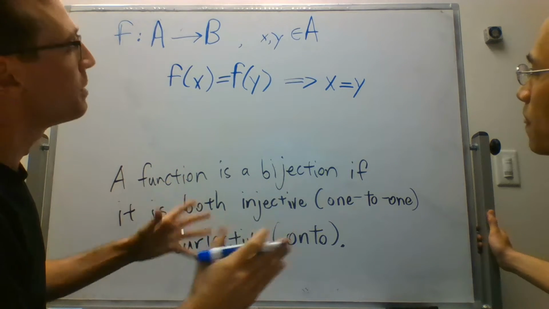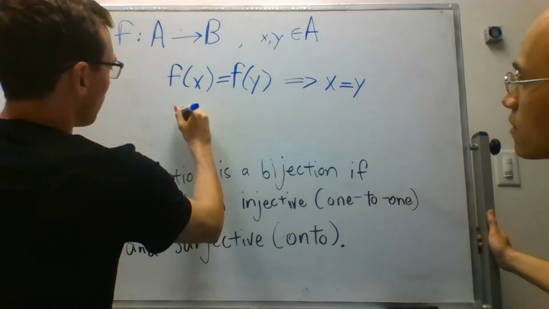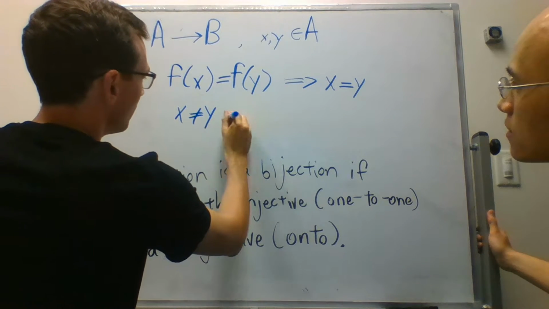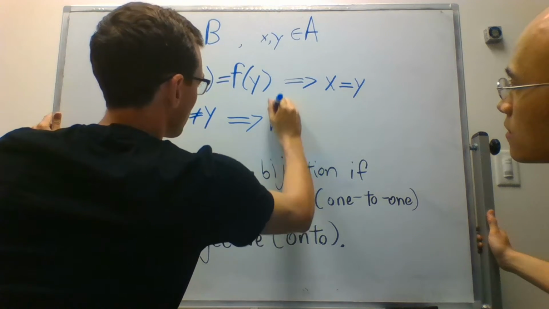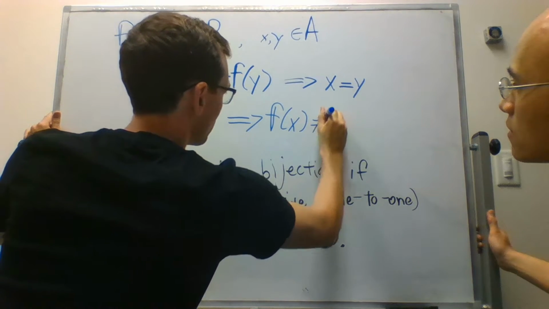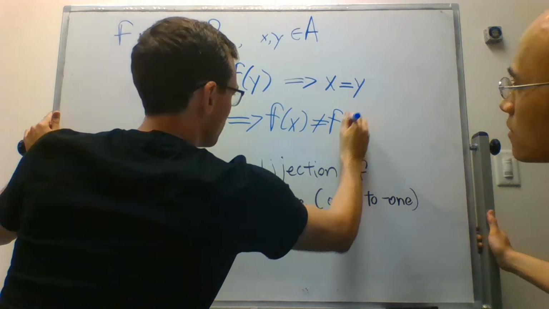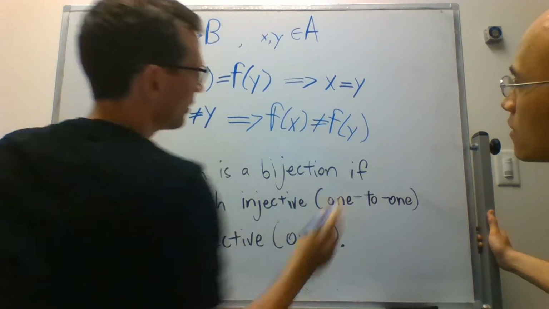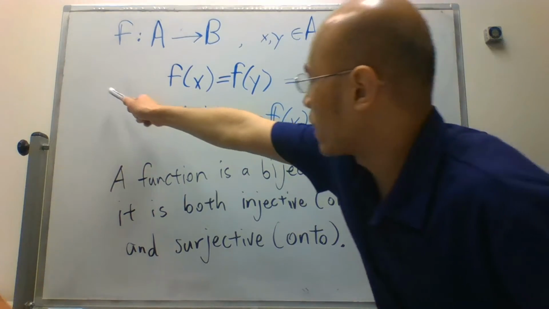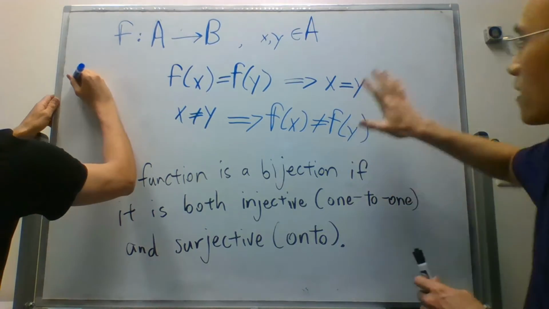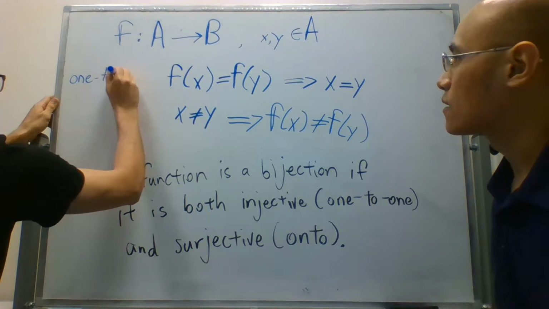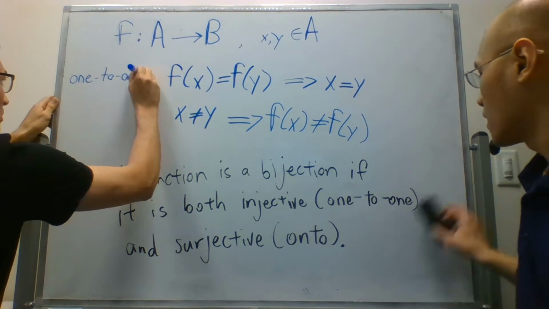Or, and some people like this definition a little bit more, if x does not equal y, then f of x does not equal f of y. Could you write one-to-one on the left here, to signify that this is the definition of one-to-one?